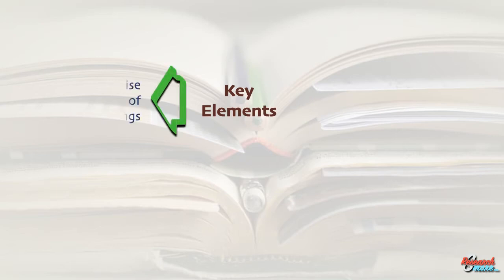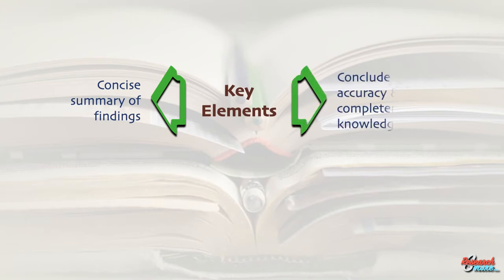In general, there are two key elements in a literature review. First, it should concisely summarize the findings or claims that have emerged from prior research efforts on a subject. And second, a literature review should reach a conclusion about how accurate and complete that knowledge is.